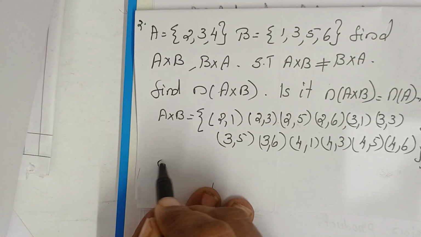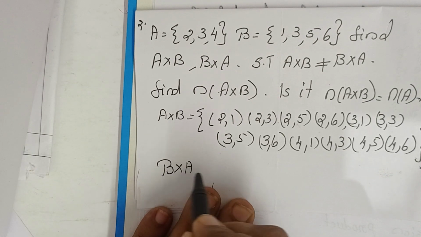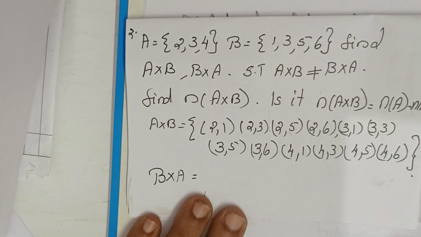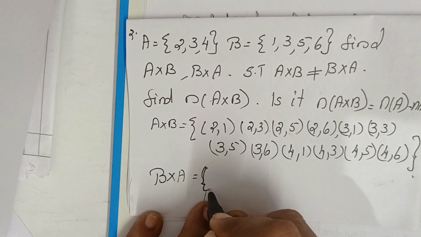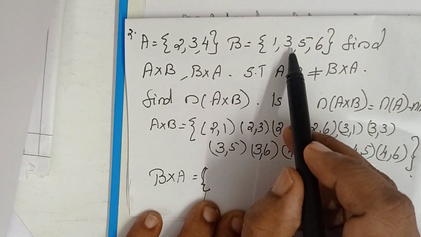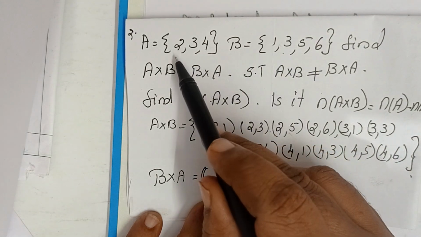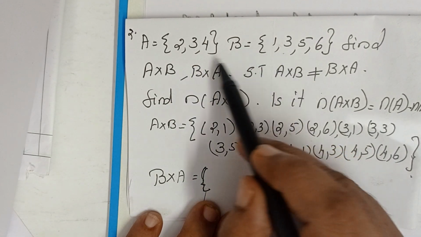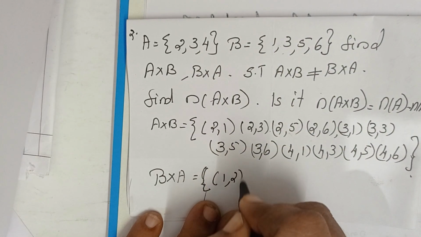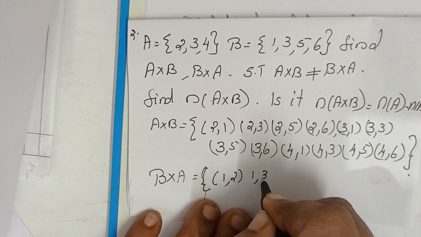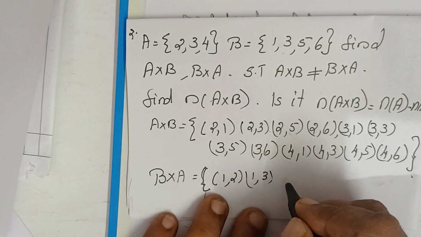Then can you say what is B cross A? B cross A means the set of all ordered pairs from B to A. That is the meaning. Pay close attention. B to A: the set (1, 2), (1, 3), (1, 4).